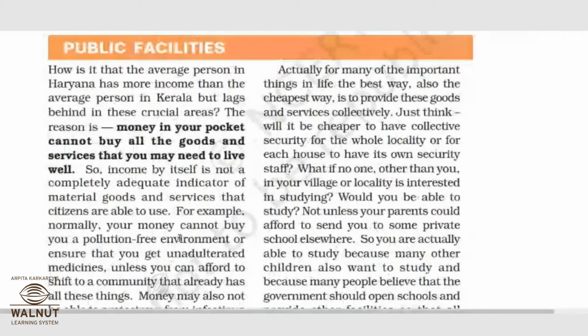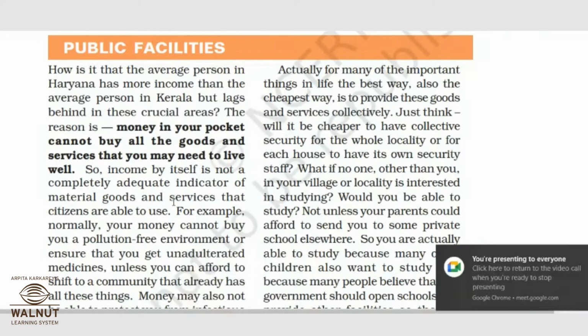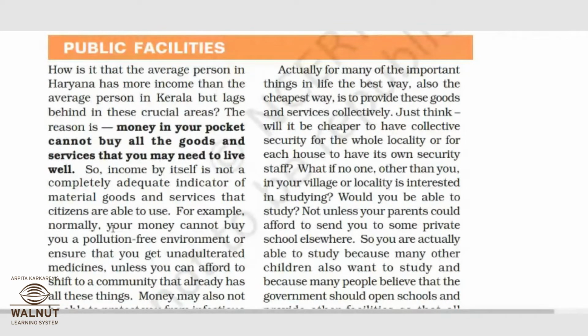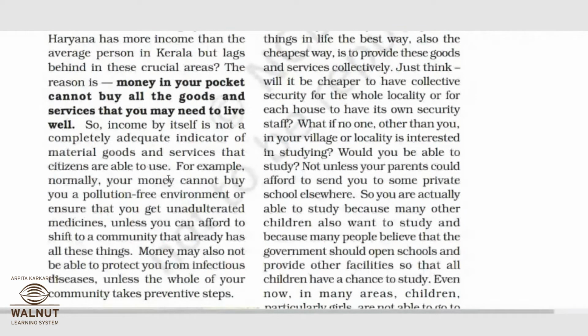It means that money is not the only criteria for judging the development of a country, because what is the use of that money if your population doesn't get a pollution-free environment to stay fit, or good quality medicines, or if your country cannot give them good quality doctors or teachers? Here we are seeing other facilities that the government needs to provide. You have per capita income now, but what you can buy and what you cannot buy with that money will also judge whether your country is developed or not.